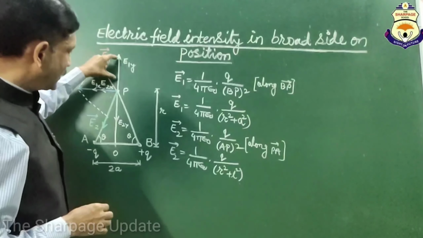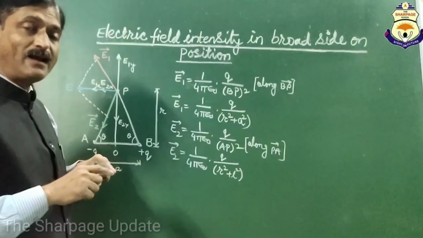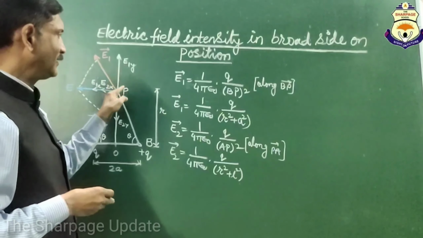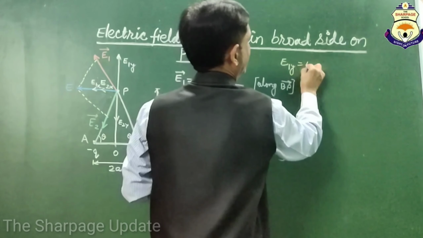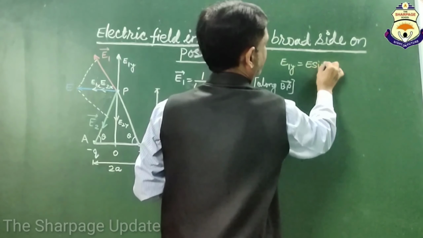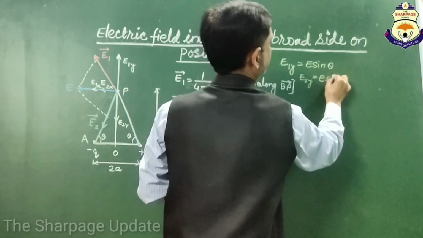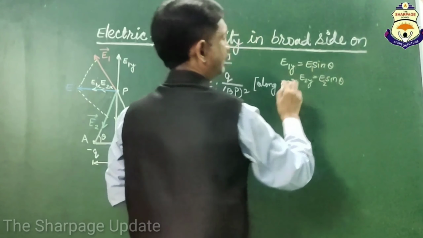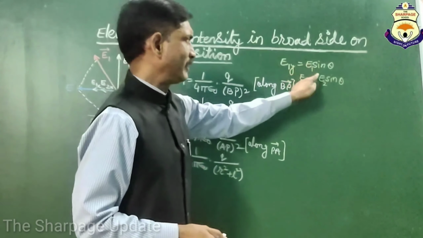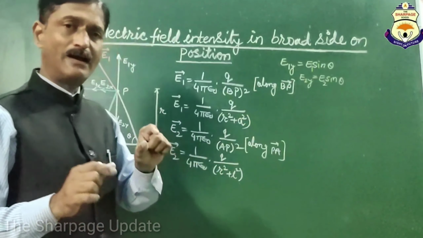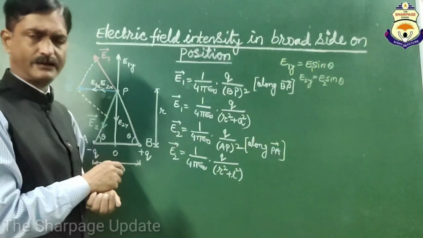So you can see the vertical components of E1 and E2 are acting in opposite directions: E1y equals E sin theta and E2y equals E sin theta. These are the vertical components of E1 and E2. You can see here E1 equals E2, so they are equal in magnitude but the direction is opposite, so the vertical components will cancel each other.